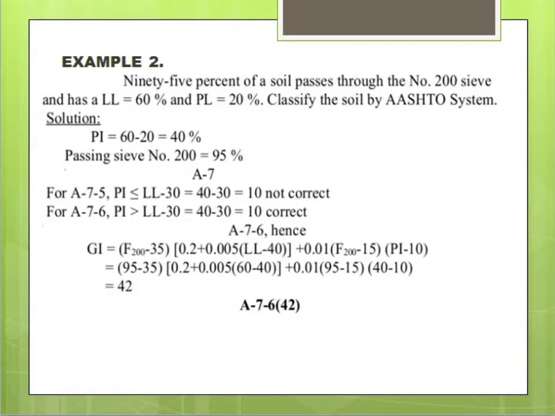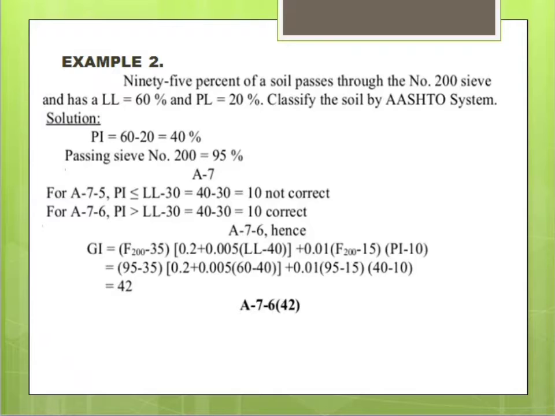For A-7-5, plasticity index is less than or equal to the liquid limit minus 30, equals 40 minus 30, it will give us 10, which is not correct. And for A-7-6, plasticity index is greater than liquid limit minus 30, equals 40 minus 30, equals 10, which is correct.